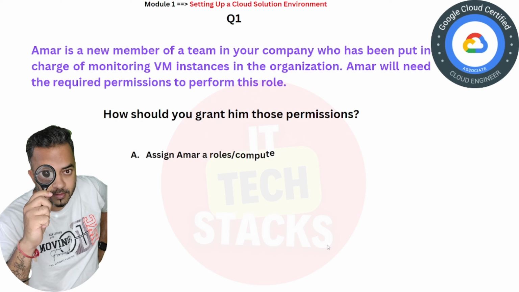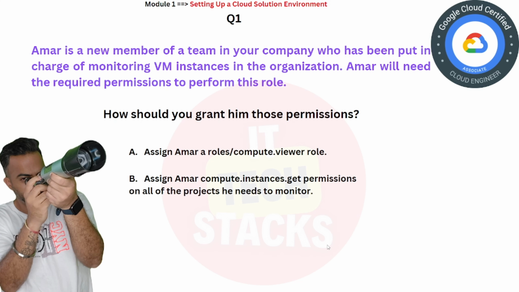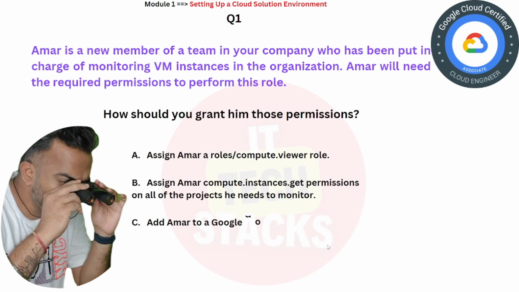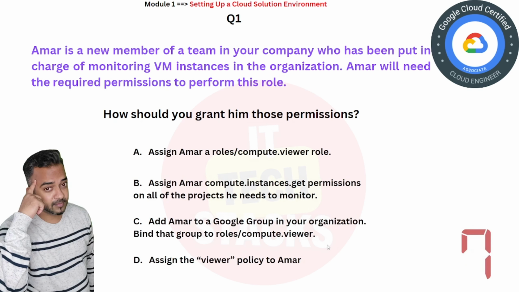And your options are: A. Assign Amar a role /compute.viewer role, or option B. Assign Amar compute.instance.get permissions on all the projects he needs to monitor, or option C. Add him to the Google group in your organization, bind that group roles compute.viewer, assign the viewer policy to Amar. Your 10 second starts now. You will get 10 seconds to answer this.